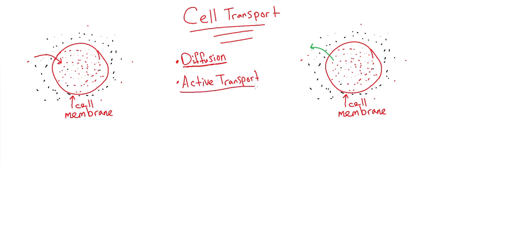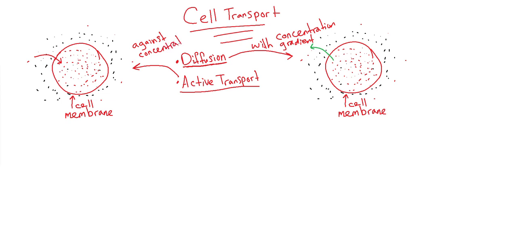So this active transport right here is against the concentration gradient, and diffusion right here is with the concentration gradient. And why is it against, you might ask? I mean, it looks fine either way.